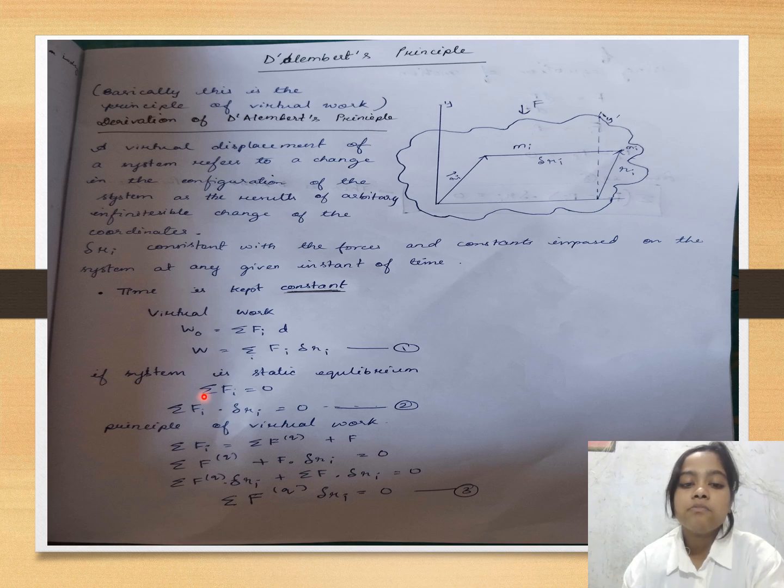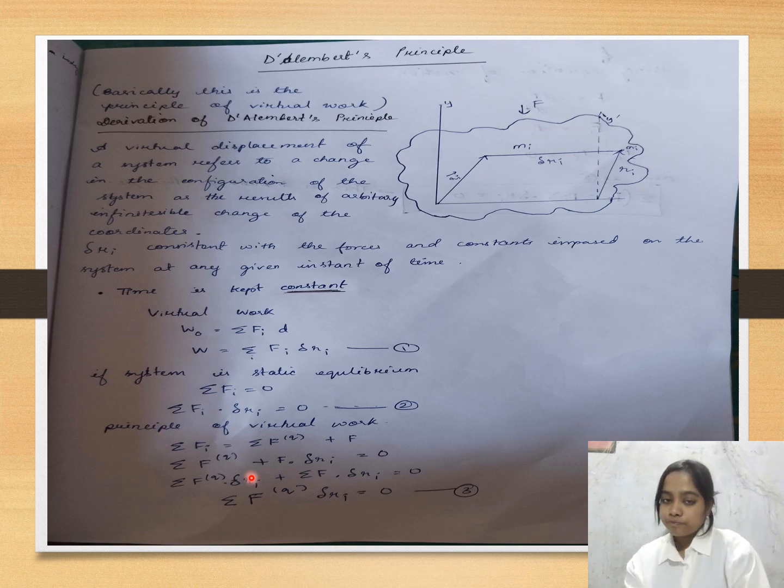If the system is in static equilibrium, meaning no work is done, then summation of Fi dot del ri equal to 0. Now by the principle of virtual work, as we have already seen previously, summation of Fi equal to del F. Then we can see how it is solved here.